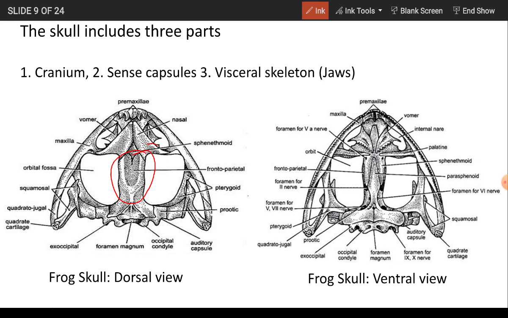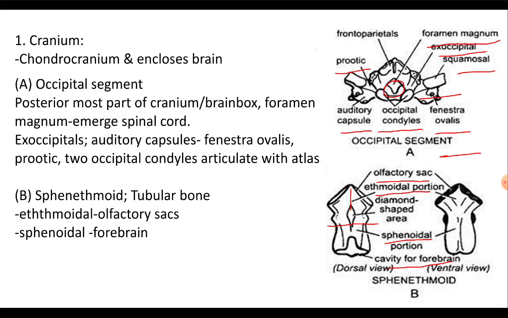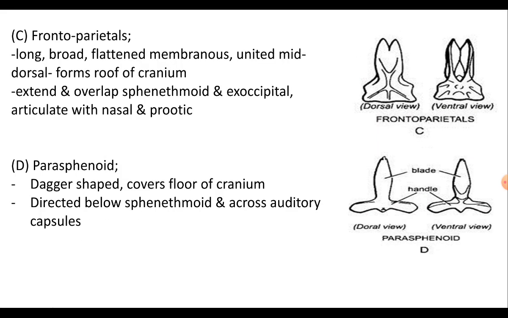These are long, broad, flattened and membranous bones which are united at the mid-dorsal line, and these frontoparietal bones form the whole roof of the cranium. So, in the single bone, you can see the structure of the frontoparietal bones here.